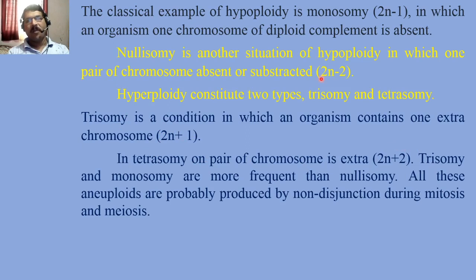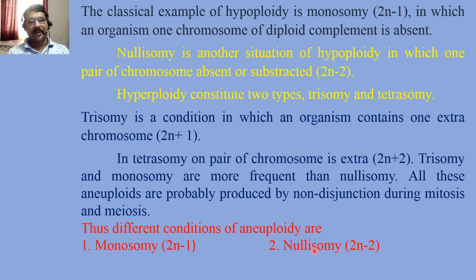Out of all these four, monosomy, nullisomy, trisomy and tetrasomy, trisomy and monosomy are more frequently seen, and nullisomy and tetrasomy are not so frequent. All these aneuploids are produced by non-disjunction during mitosis and meiosis. So thus different conditions of aneuploidy are there.